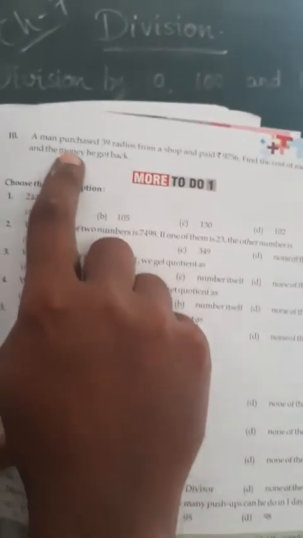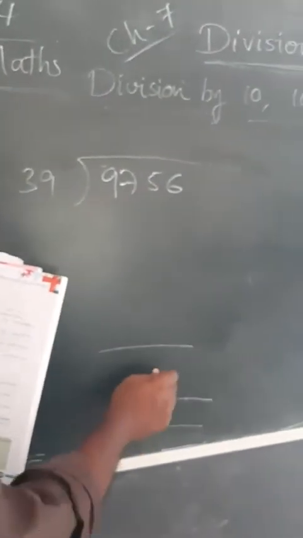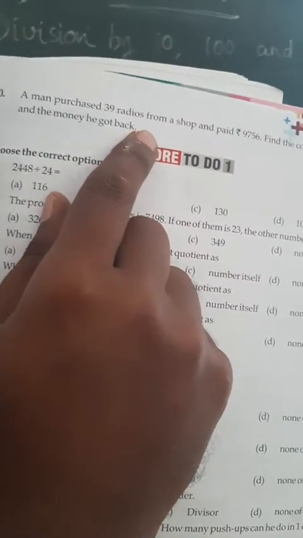When you divide this, you will get the cost of each radio, and the money he got back will be the remainder. The remainder is the money he gets back after purchasing.